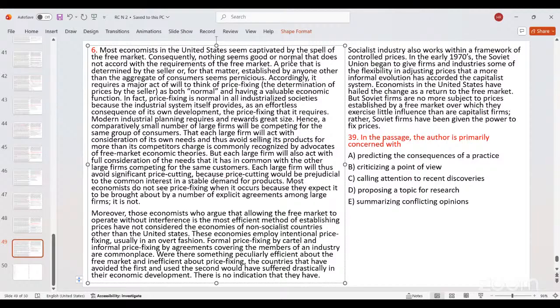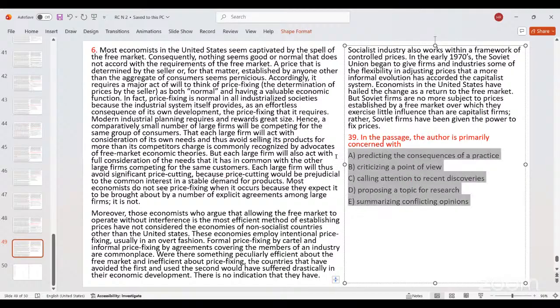Consequently, nothing seems good or normal that does not accord. So what is the primary concern? That free market is not a good strategy. So the option that says it is not a good strategy will be the answer. Right? So which option is not related to not good?